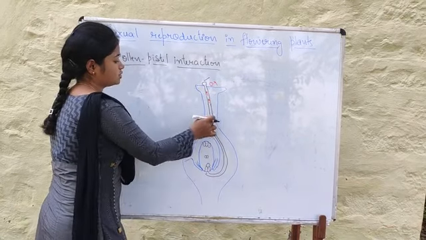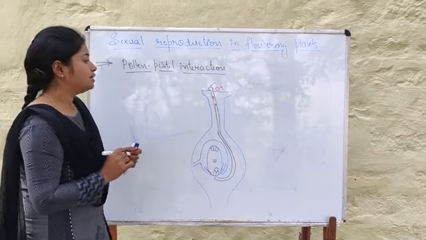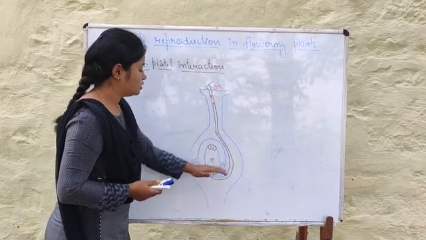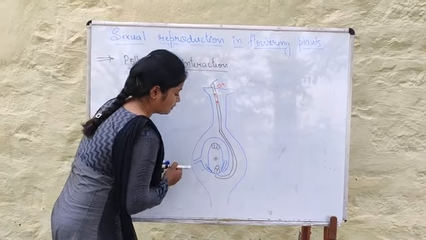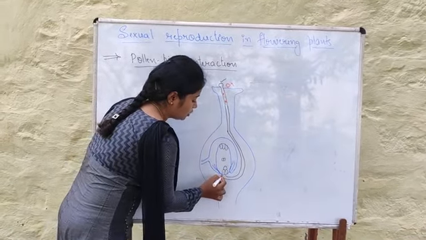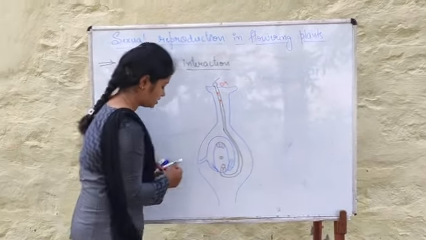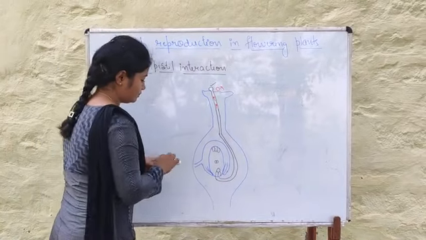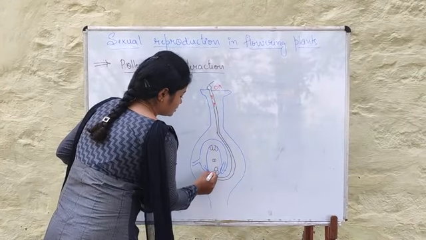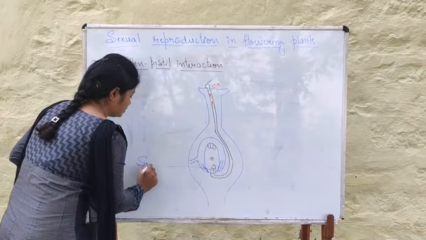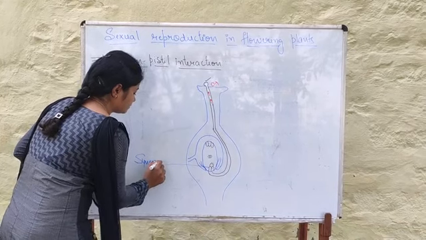The male gametes also travel along the pollen tube, right? Once the pollen tube comes in contact with the micropyle, it is going to enter into one of the synergids. So these are the 2 synergids. Let me mark them. These are the synergids.